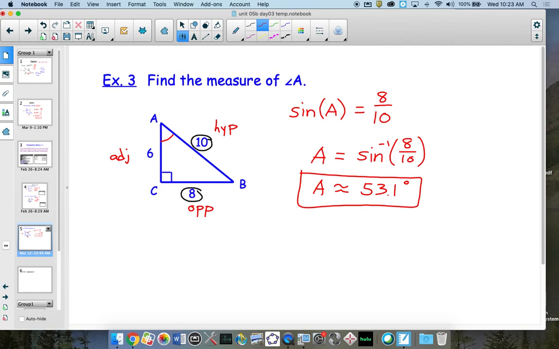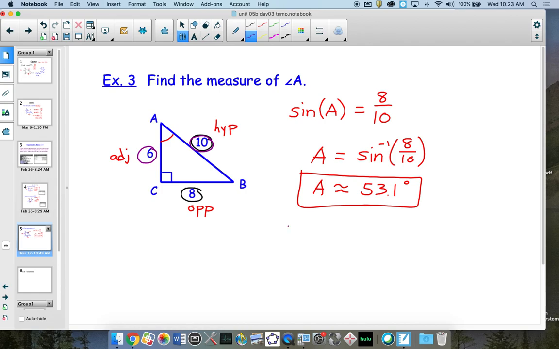And so that's how we can find angles now, since we're familiar with how to set up a sine, cosine, or tangent. Now, what if somebody else said, hey, I don't like the sine, I really like cosine? That's fine. Cosine is the adjacent over the hypotenuse.